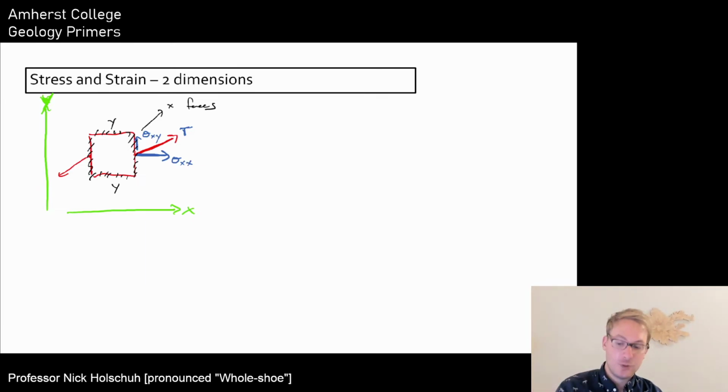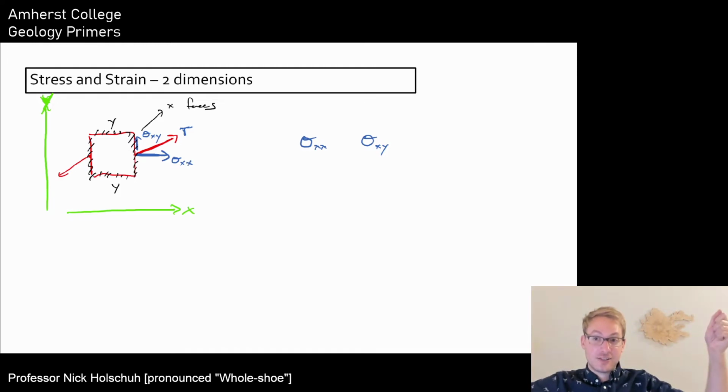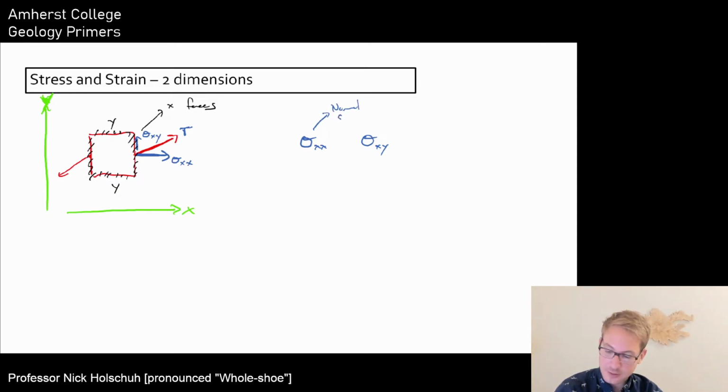So now we have some nomenclature. We can have a stress xx, stress xy, where stress xx is acting to stretch the box. Stress xy is acting to what we call shear the box. We call this a normal stress. We call this a shear stress.